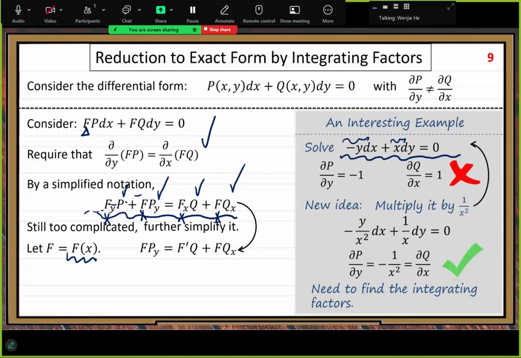Do you feel a little better about this equation? Because in this new equation, the unknowns are only f and f prime.